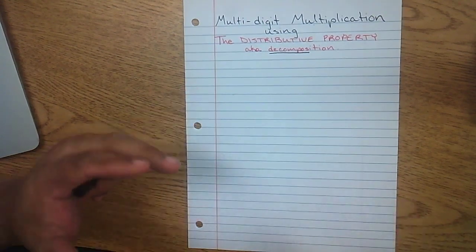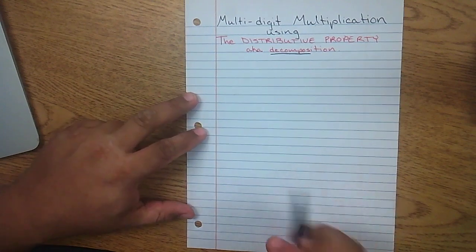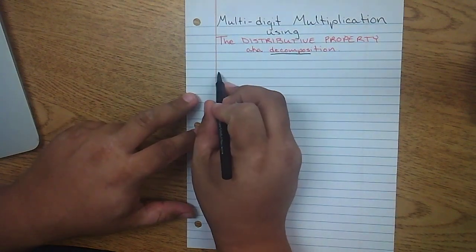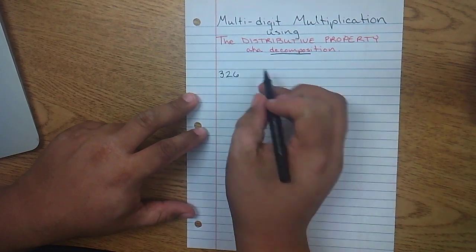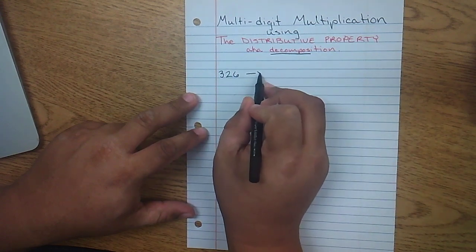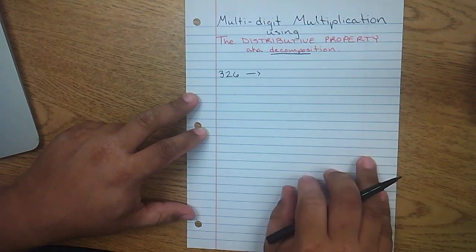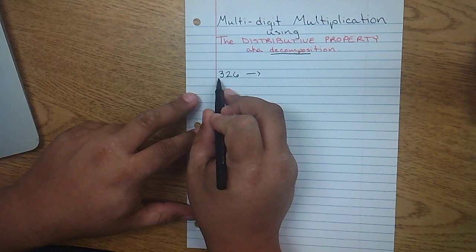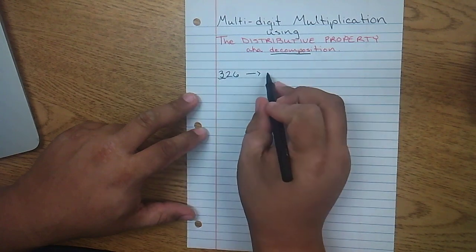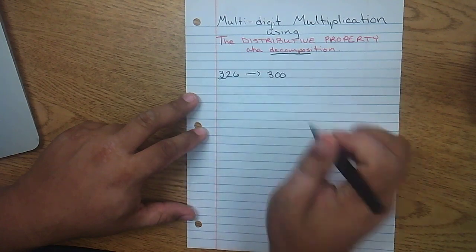A little brief prior knowledge check on that. What I mean by decomposing a number is take the number 326, for example. Students were taught back in around third grade, maybe fourth grade, that to decompose a number by place value, we're going to break that up by each of the place values. So since we have a 3 in the hundreds place, that would be 300.